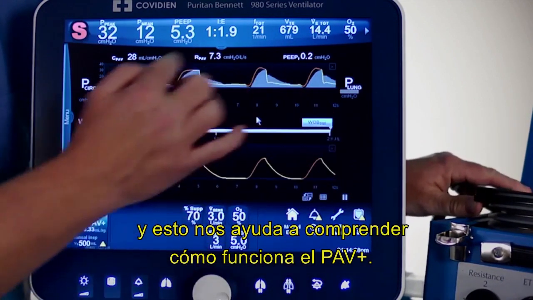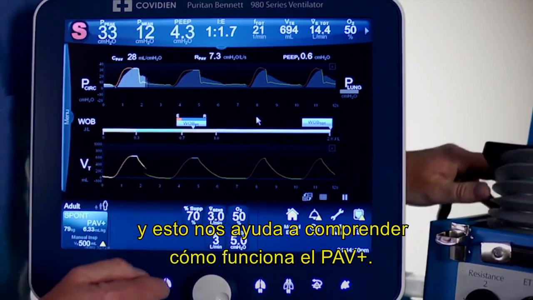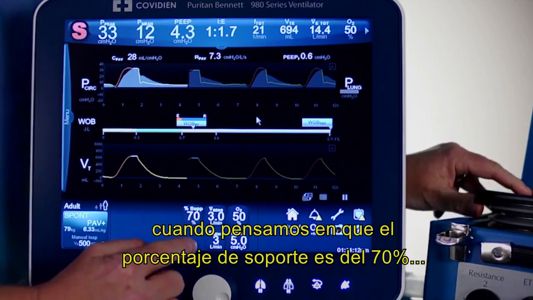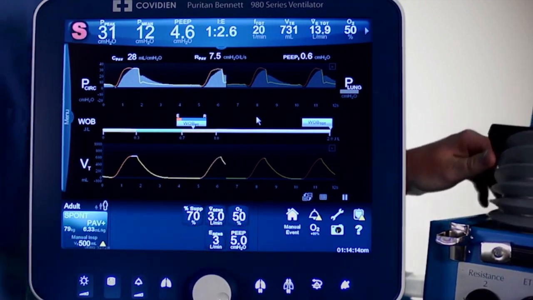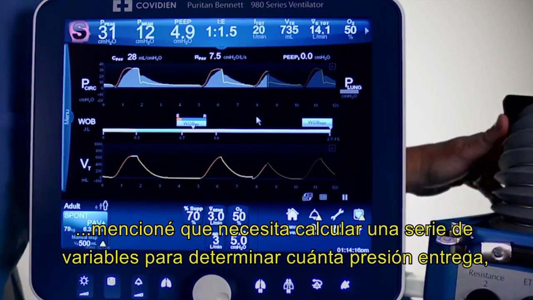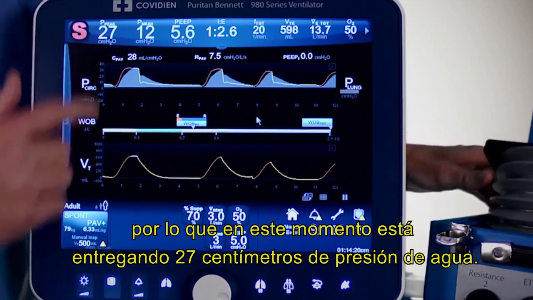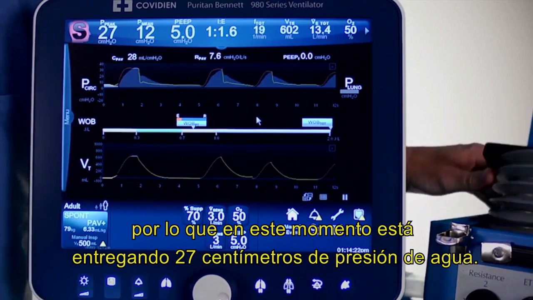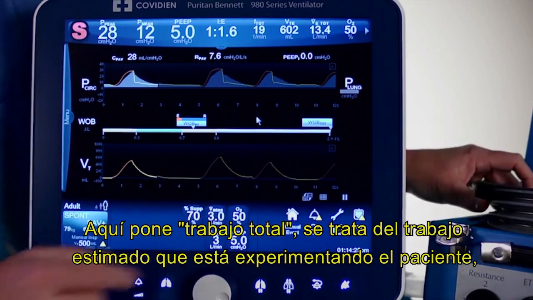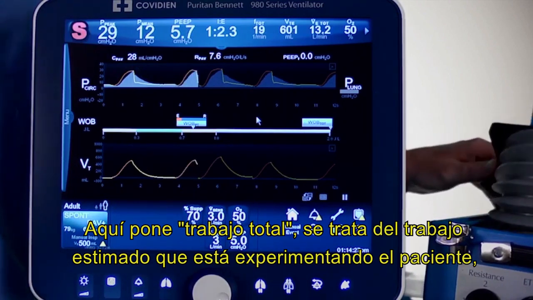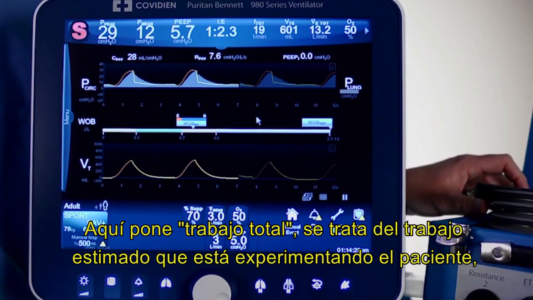And this brings us back to understanding how PAV is really actually operating and working. When we think about that percent support of 70%, I mentioned that it needs to calculate a number of variables to determine how much pressure it is actually going to deliver. So right now it's delivering 27 centimeters of water pressure. And so when I look at that total work, that is really what we're saying is the estimated work the patient is experiencing.